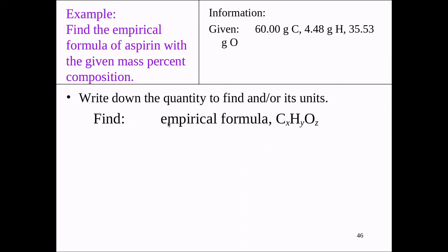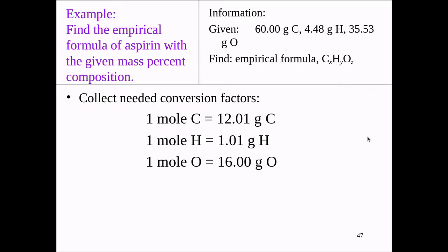Now, it's good to keep in mind that the empirical formula is going to have some form like this: carbon with some subscript, hydrogen with some subscript, and oxygen with some subscript, because these are the elements inside of this compound. We'll need these conversion factors in order to convert all of our masses to moles. And again, we're looking these up in the periodic table.